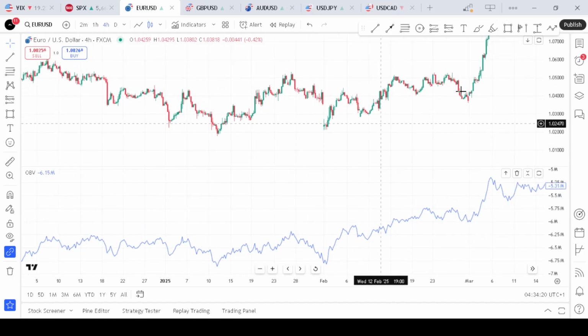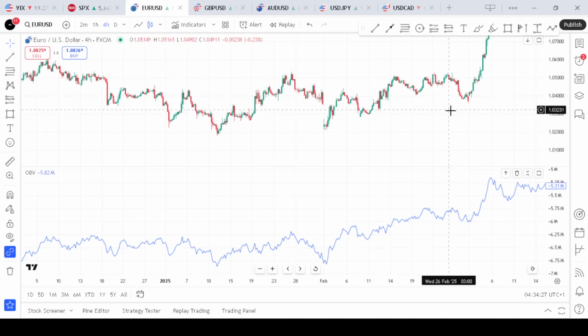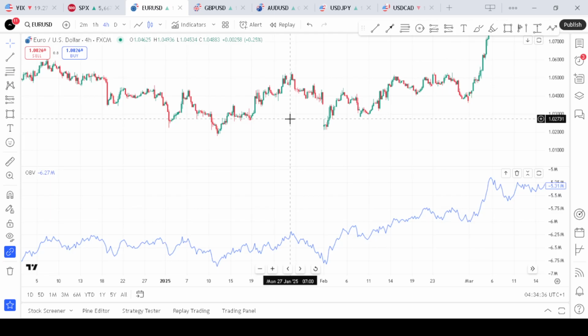And when price is falling and we can see the OBV is rising, this can signal a weak selling pressure. This is basically how we can use the divergence to our advantage.